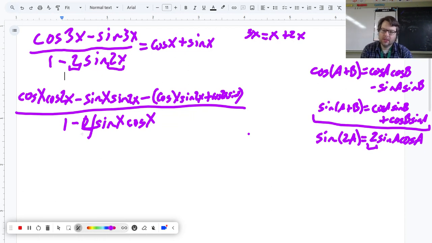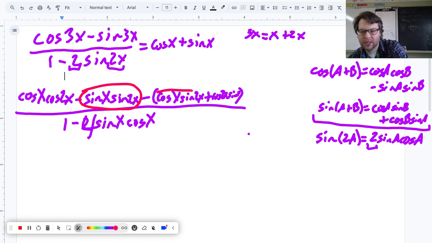Okay. Now, let's just keep going. If I distribute the negative, I'm looking for things that they have in common, and I'm going to notice that this term and this term both have a sine of 2x, and this term and this term both have a cosine of 2x.